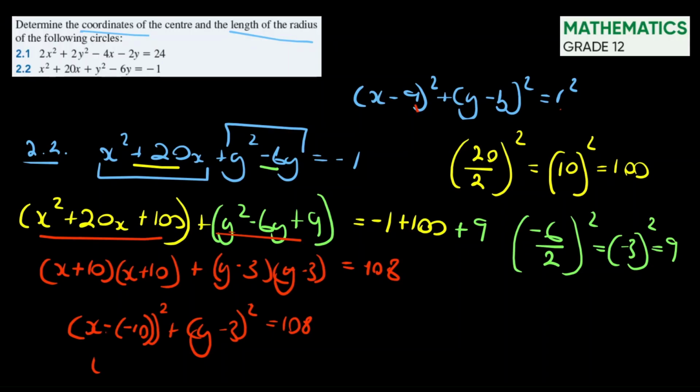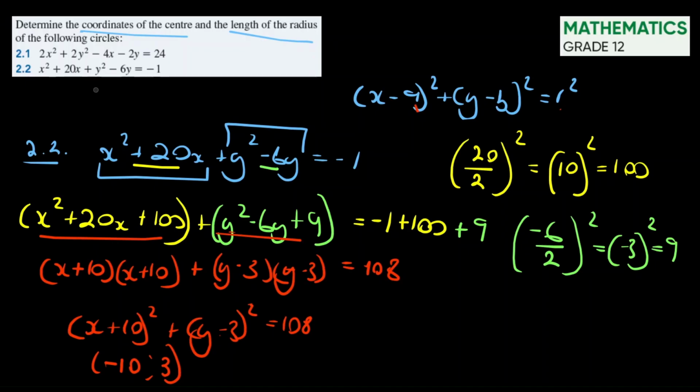It means this negative, same negative as in the equation. So when you take out the value, we take out the opposite sign, which is negative 10. That's one way of looking at it. Or you can just mentally remember that if it's positive 10, you will write out the opposite sign, which is negative 10 as a circle center. And 3 here, we just take it as 3 because it's already negative there.